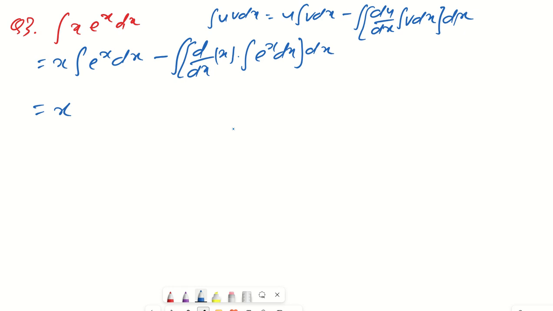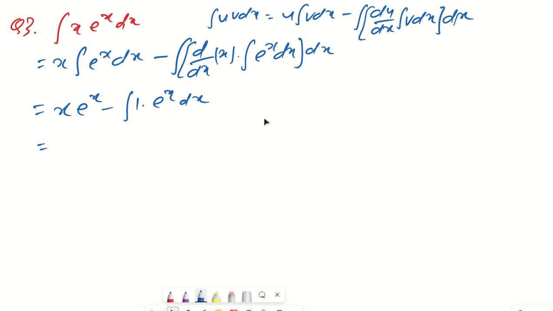So we will have x times integration of e to the power x, which is again e to the power x. So x e to the power x minus integration of differentiation of x, which is 1, into integration of e to the power x, which is e to the power x dx. Since you have already integrated one term, you can always add one constant here, like constant of integration c1, c2, something like that, and for the other integration one more constant will come.